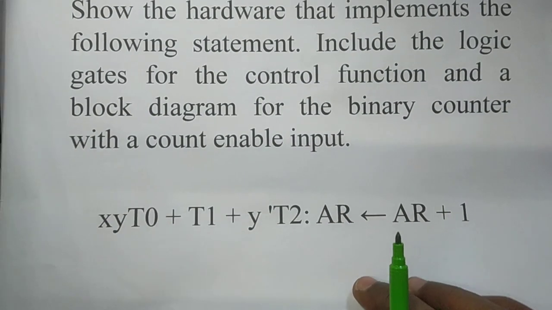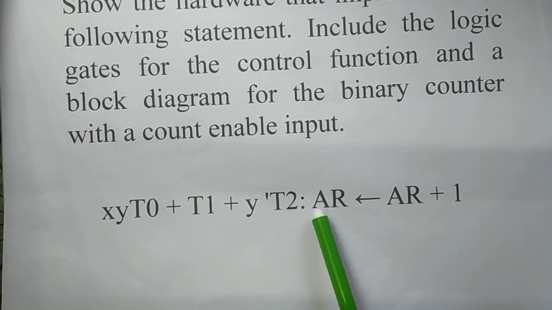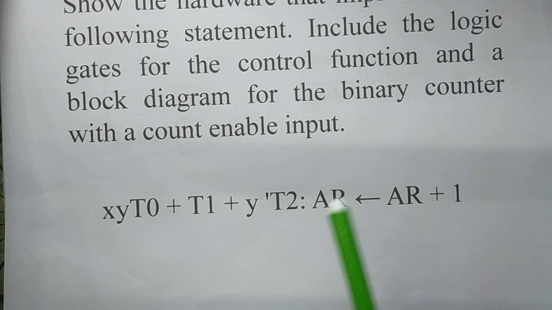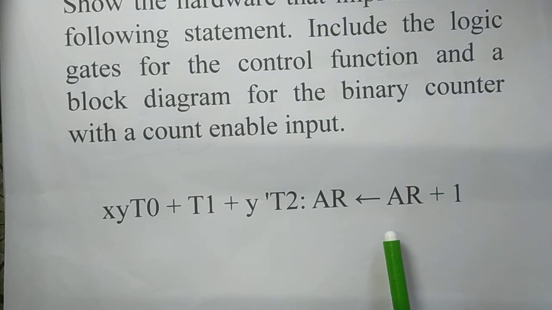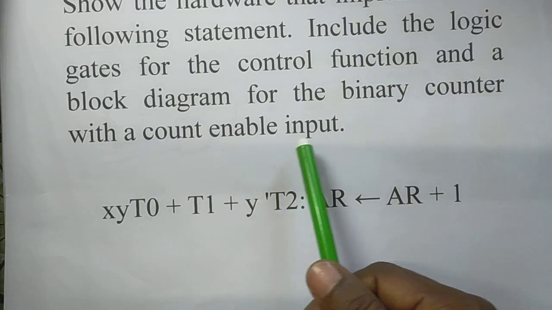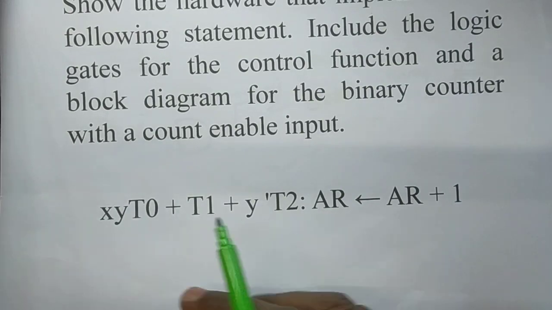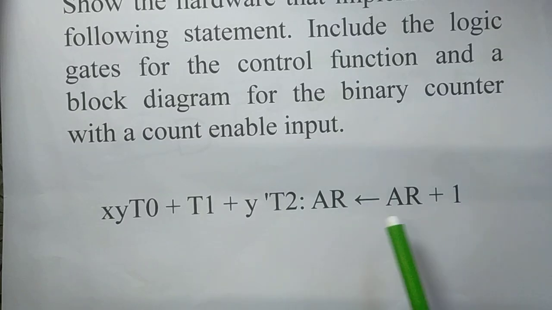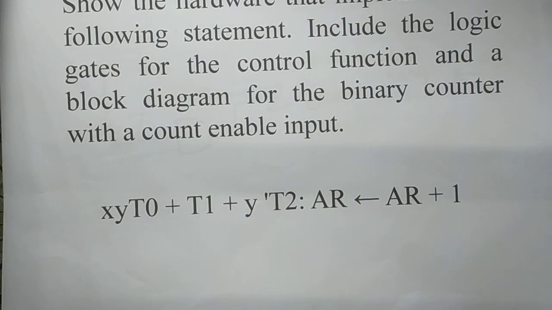Here the question is whether the address register is increased by the binary counter, with a count enable input. Whenever this particular count enable is active, then automatically the binary counter is counting the number of times.